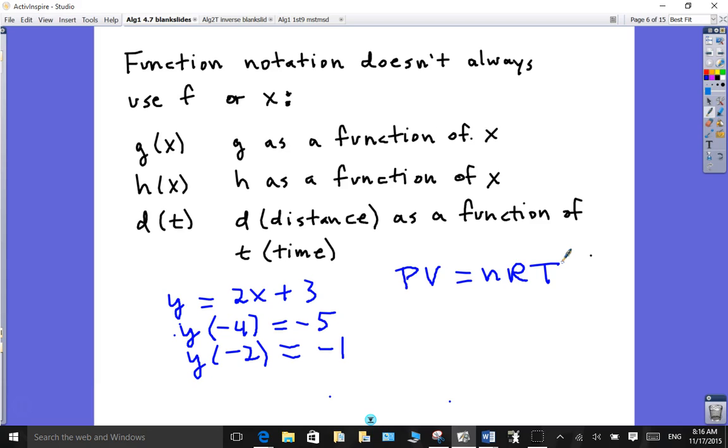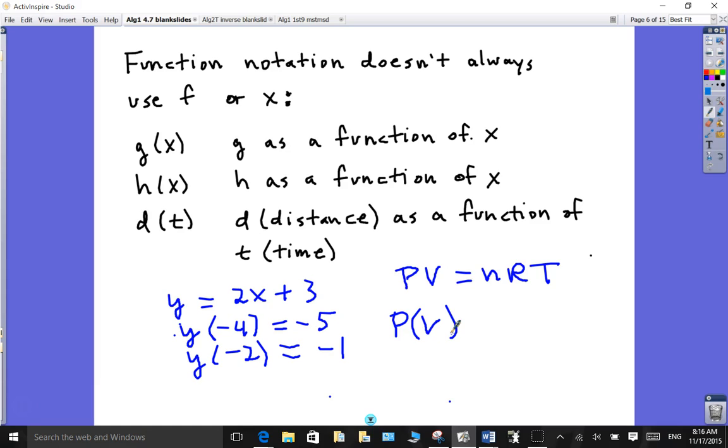P of V? No, it's a multiplication. P times V. You could write a multiplication with parentheses, but we would never write P parentheses V to mean multiplication, because then you might think this is function notation. Maybe P is a function of V. PV equals nRT.